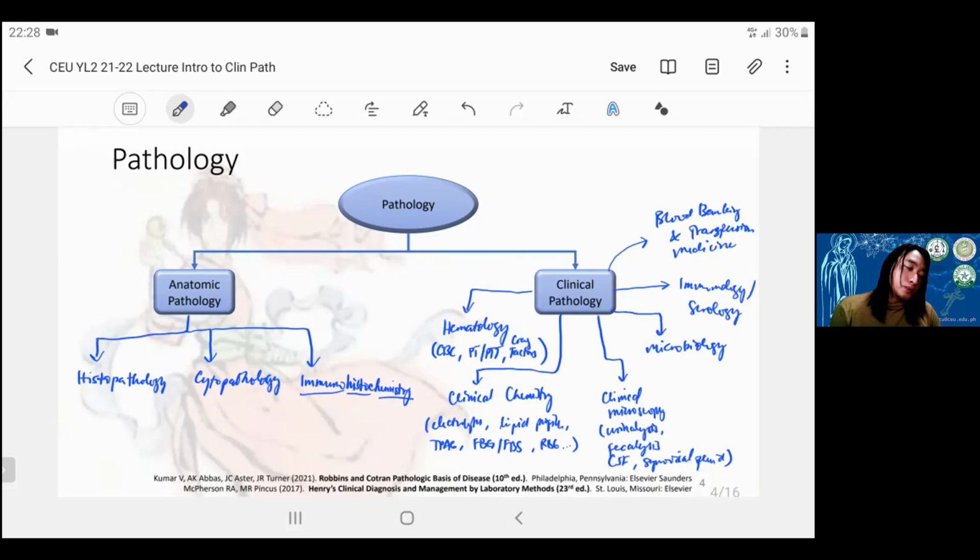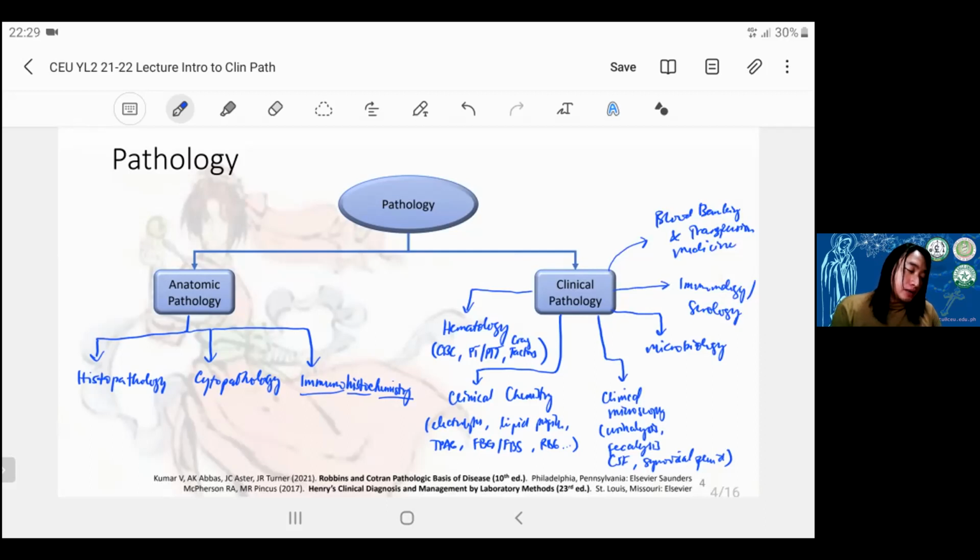So we have strict protocols in blood banking and transfusion medicine to ascertain the safety of both the donor as well as the recipient of the blood products.